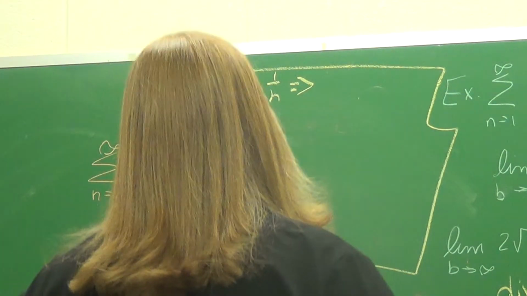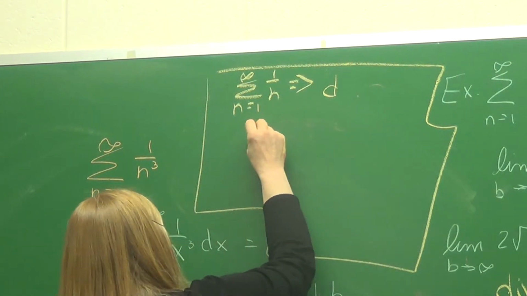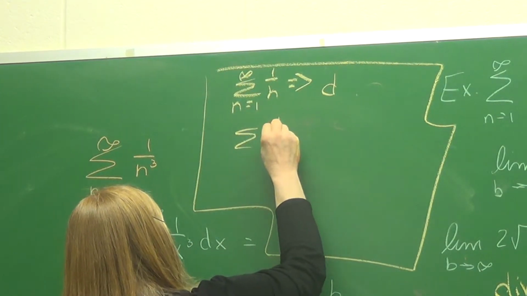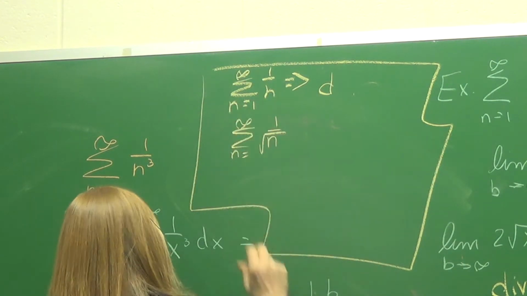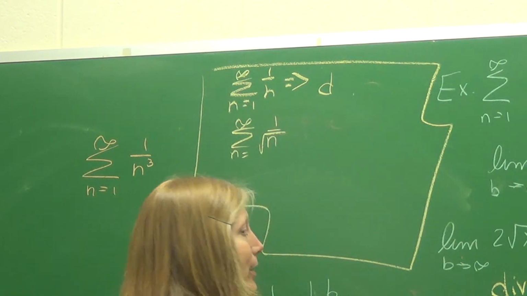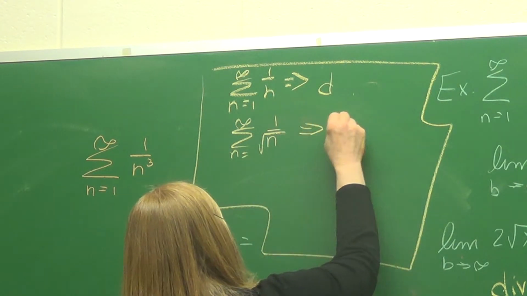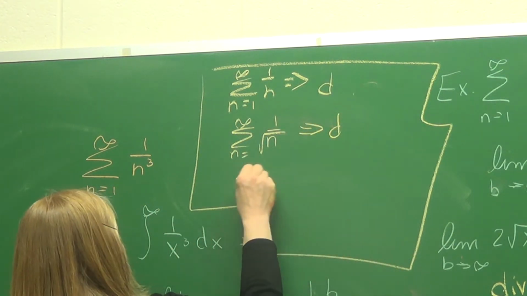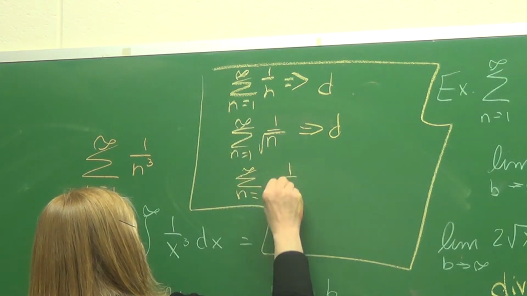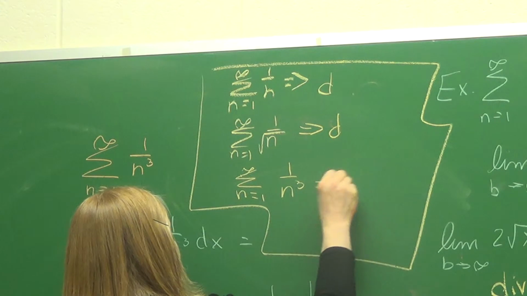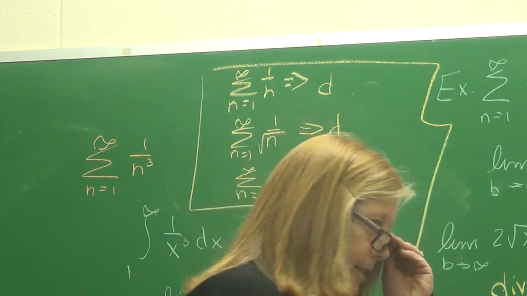That's the harmonic series. Then when we did this one, did it converge or diverge? Diverged. Then we just did 1 over n cubed. Did that converge or diverge? Converged. Did we do any others today? 1 over n squared plus 1.